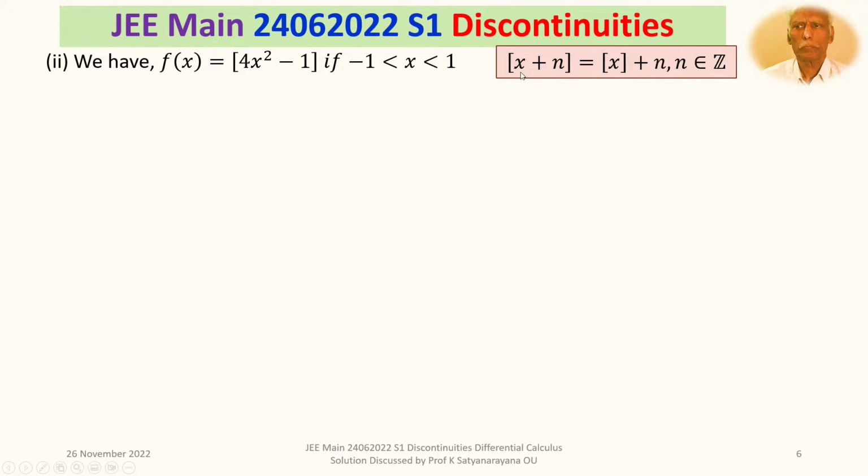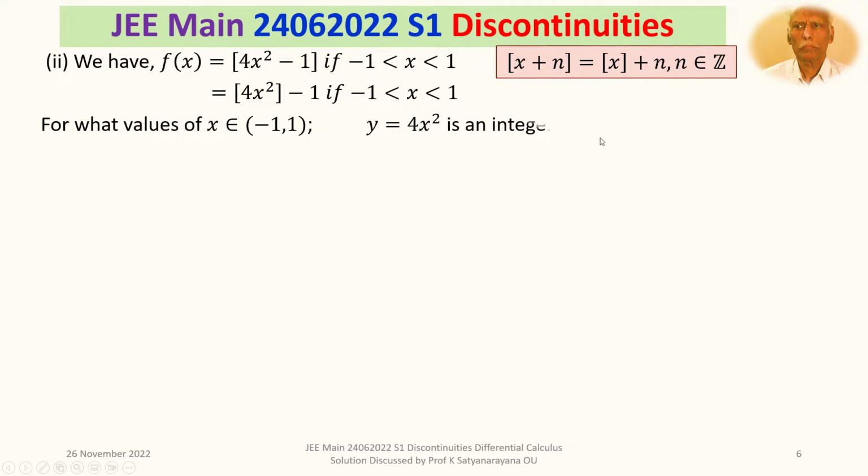So bracket of x plus n is equal to bracket x plus n, where n is any integer. So here n is minus 1, therefore this is equal to bracket 4x square minus 1 if minus 1 is less than x less than 1.